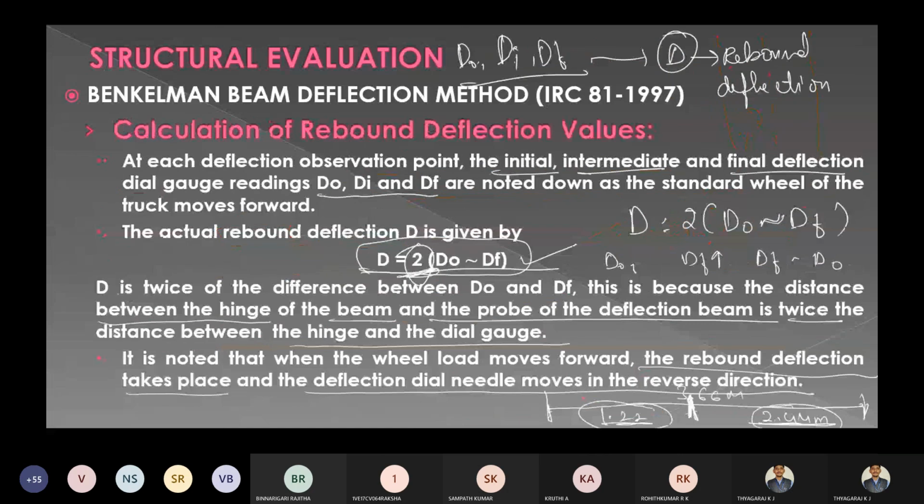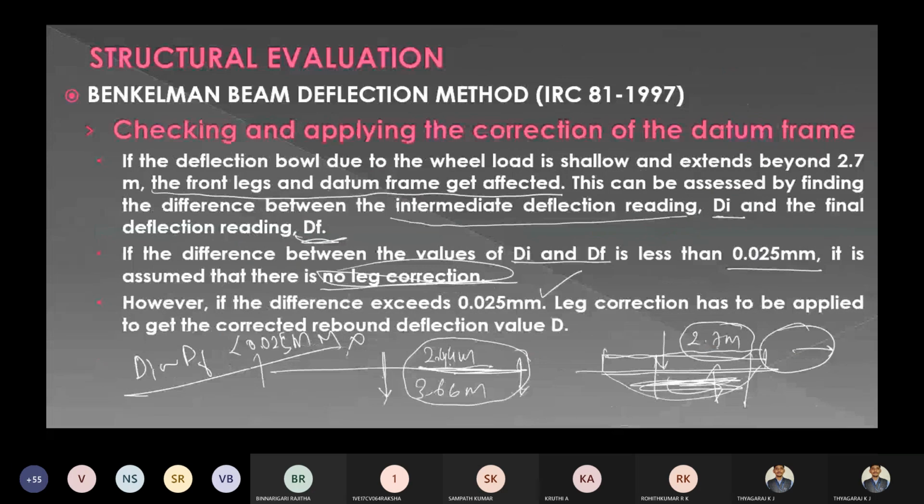Then collection of subgrade sample, calculation of rebound deflection, then checking and applying the correction. Only if the deflection bowl length is greater than or equal to 2.7 meter, then we are going to apply the correction. And the correction will be affected only by the intermediate reading and final reading, DI and DF.